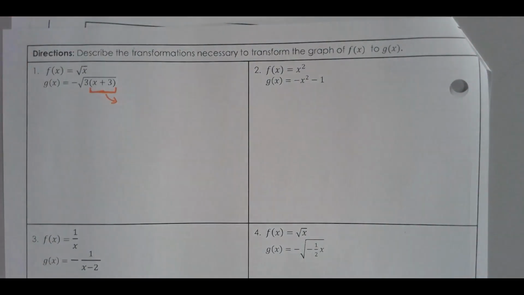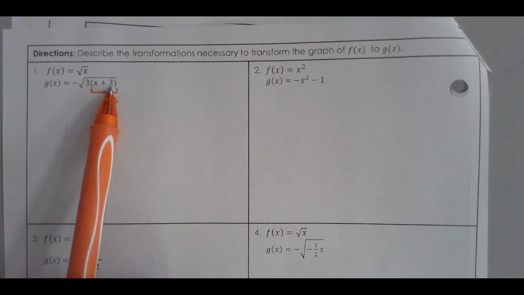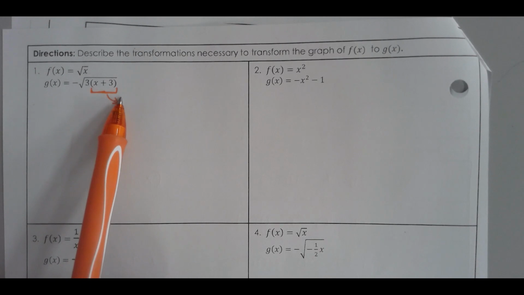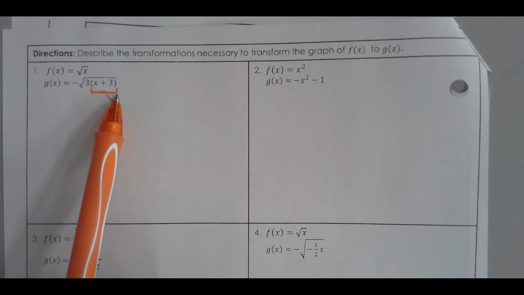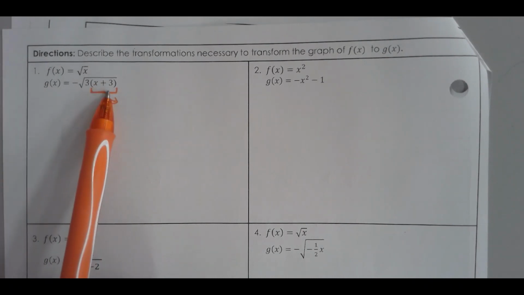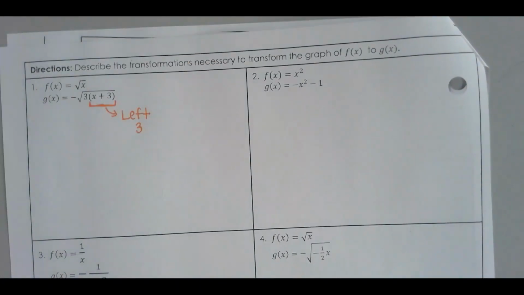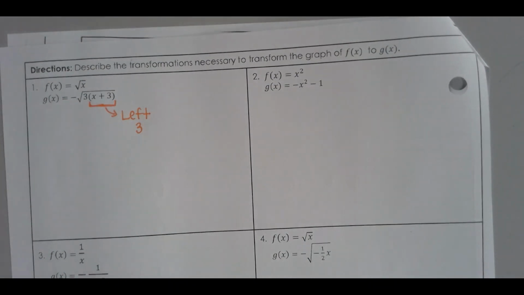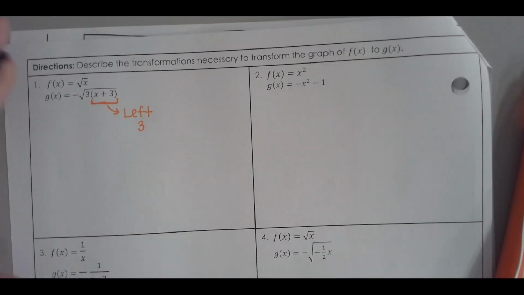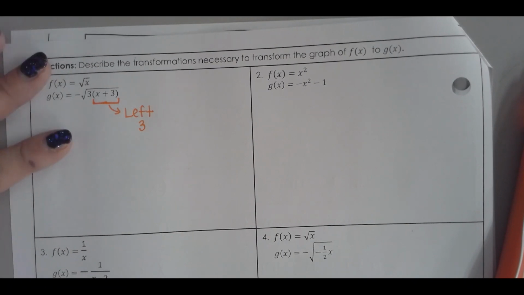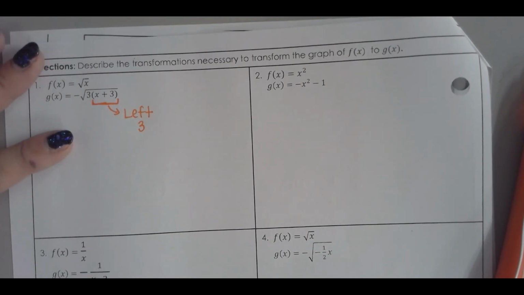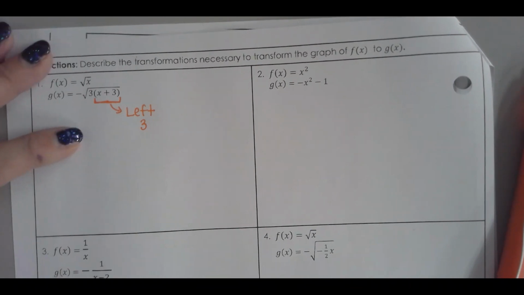Look at the front. What happens when we add a 3 straight to the x? It would be left. So when you're adding 3 straight to the x, that goes left 3. Okay. What other change do you see? What else is different?